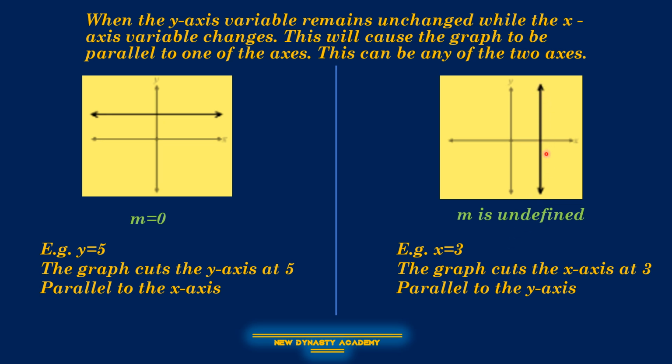And this line cuts the x-axis at 3, and it is also parallel to the y-axis. So when you compare these two, you can see that this one has the undefined gradient, so it means all the vertical lines will have undefined gradients, while the horizontal lines will have the 0 gradient.